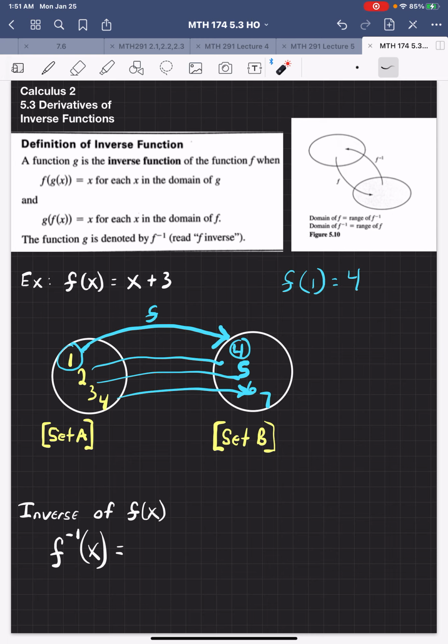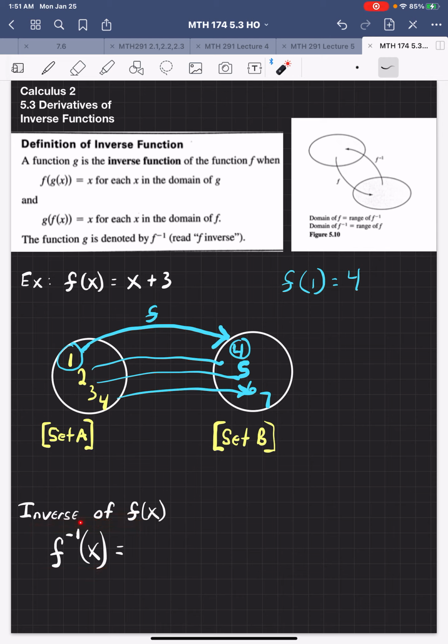Now, a more formal definition of inverse function is here. So notice, the way we denote an inverse is, I'll be honest with you, one of the sloppiest notations in all of mathematics.